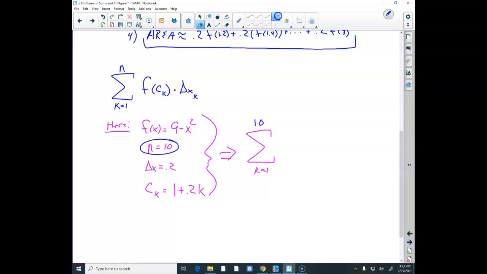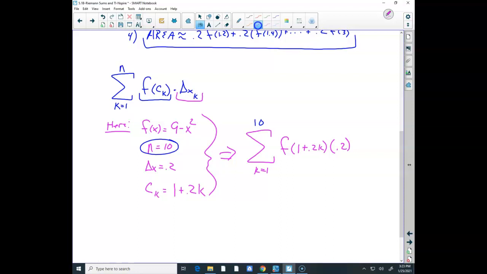What is my f of c sub k? Well, that is going to give me f of 1 plus 0.2 k, and that represents all my heights. Remember, k is going to start at 1, and then it's going to go to 2, then 3, all the way to 10, and then that's times my delta x, which is 0.2.